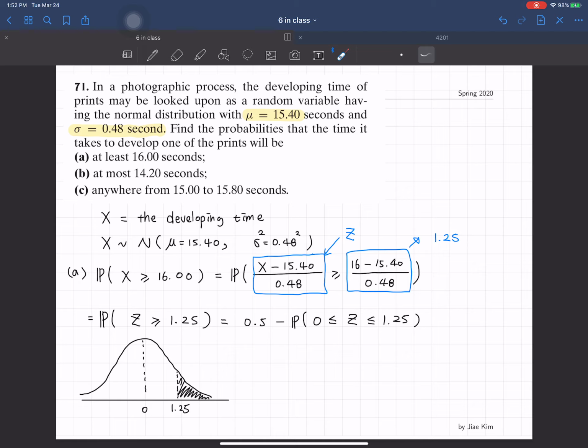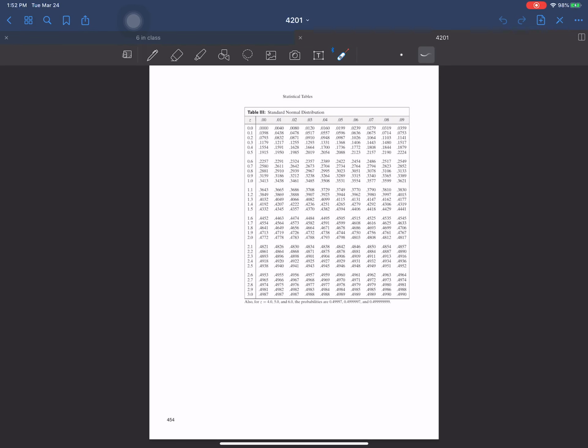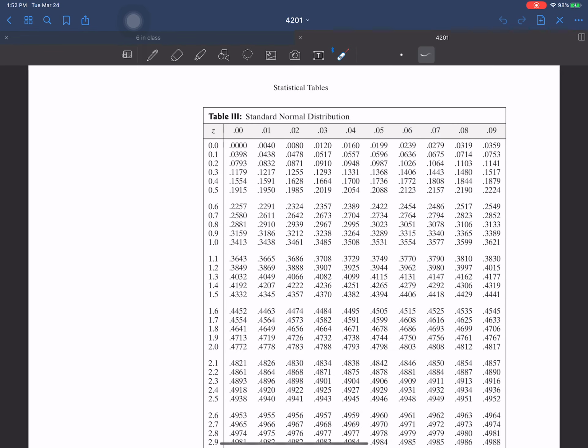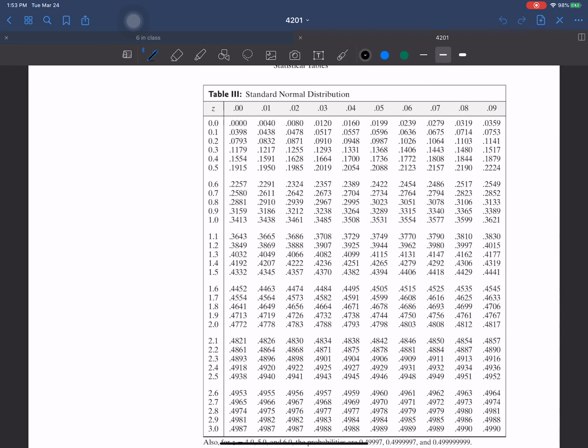Because the probability of Z being between 0 and 1.25 can be easily read from the probability table, the normal table. So what we need is the probability of standard normal being between 0 and 1.25. The first column gives the Z value up to the first decimal, and we need the Z value up to the second decimal. So for 1.25, you follow this row and stop at the second decimal being 5.